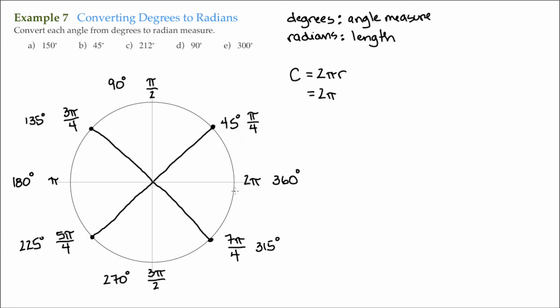And another 45 degrees is 8 pi over 4, which simplifies to 2 pi. So what we're doing is we're just using our understanding that 180 degrees is pi, and then dividing up our circle into these sectors.